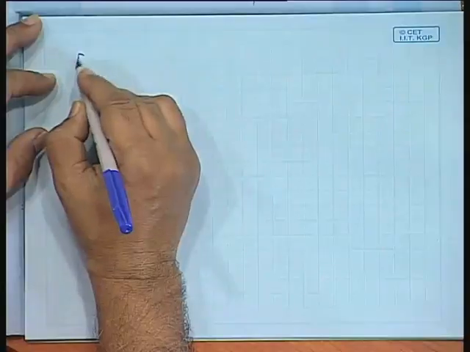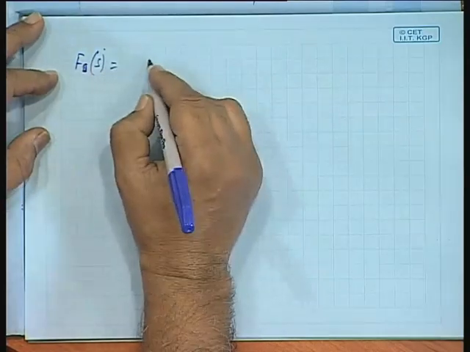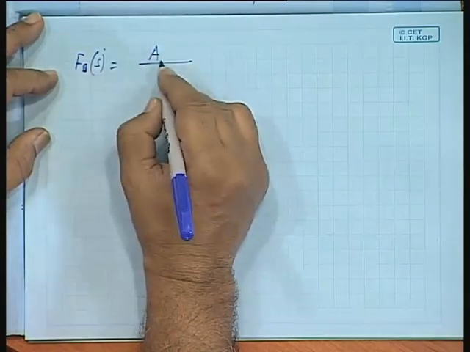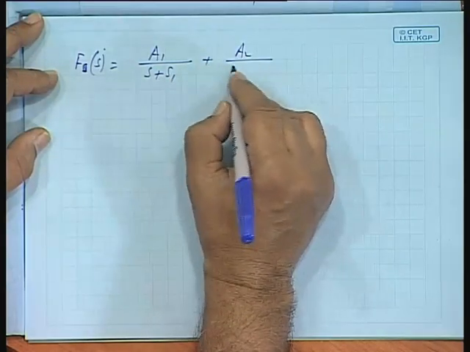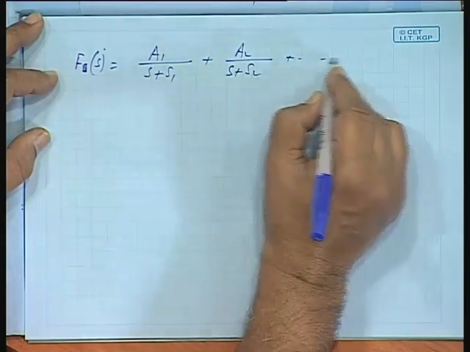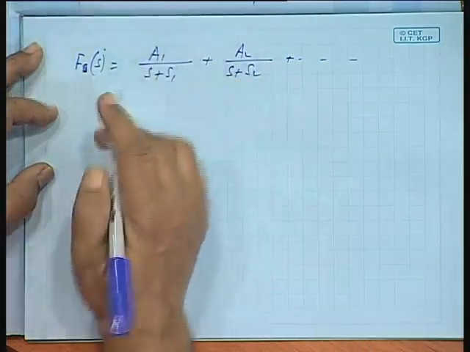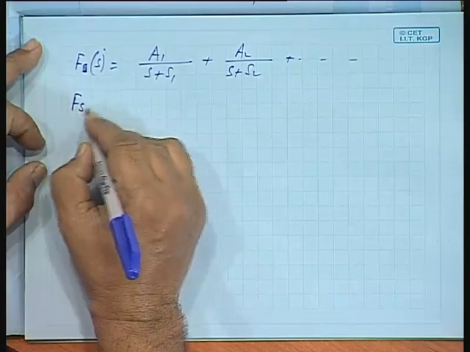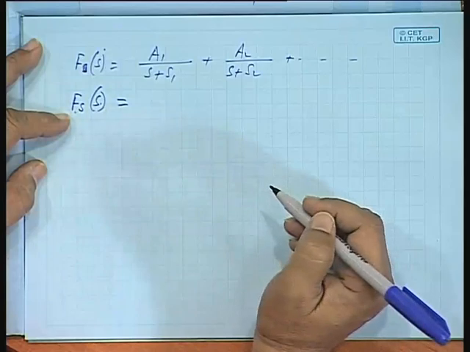See, let F s be A1 by s plus s1 plus A2 by s plus s2 and so on. Let us consider only one of them. We are trying to find out what will be F s star by F s.